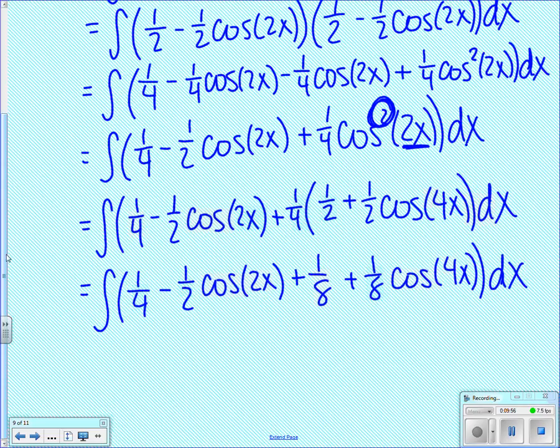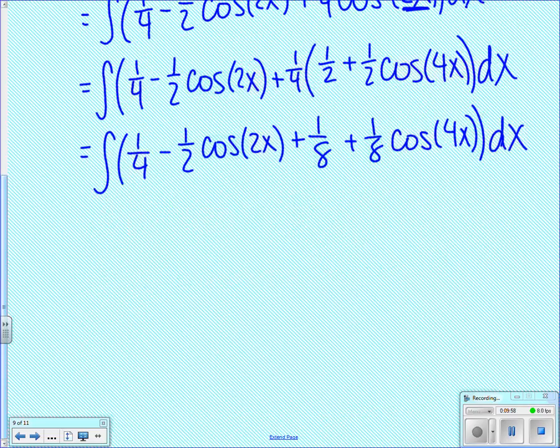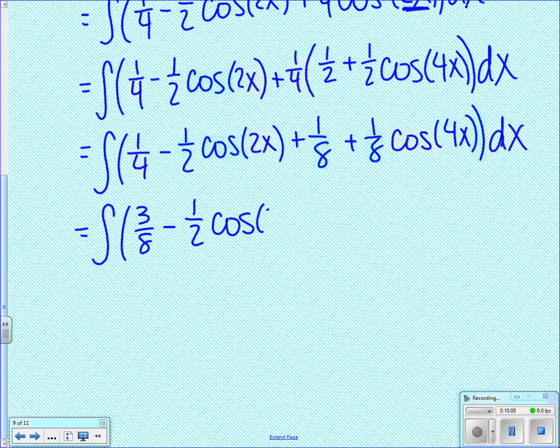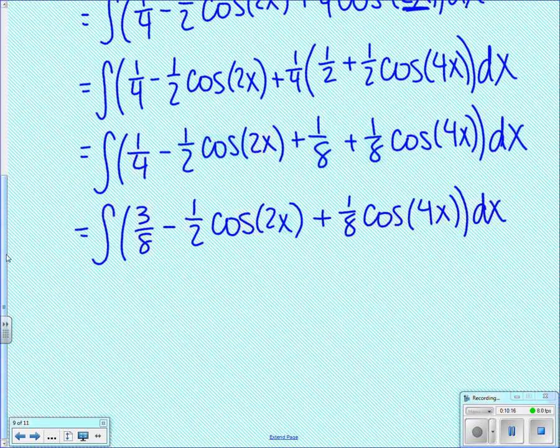Okay, so now we can combine the 1/4 and the 1/8 to be 3/8, and then have minus 1/2 cosine of 2x, and then plus 1/8 cosine of 4x. So now we can integrate these separate terms.